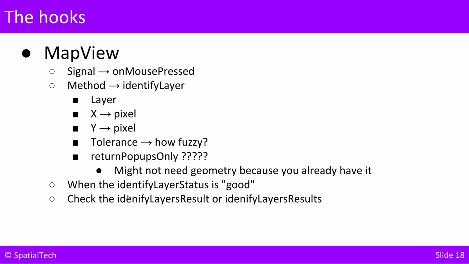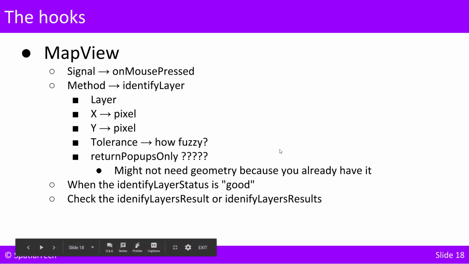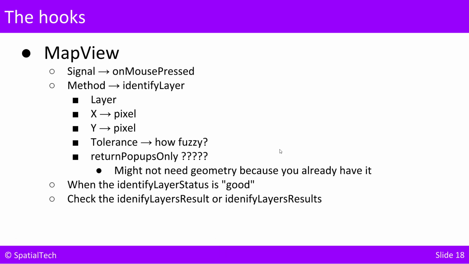You can then check what's called the identify layer result, or identify layer results. It depends if you're doing identify layer versus identify layers, right? In this case, I'm calling identify layer, so check identify layer result to get all the features that got selected for that particular layer that you are identifying.